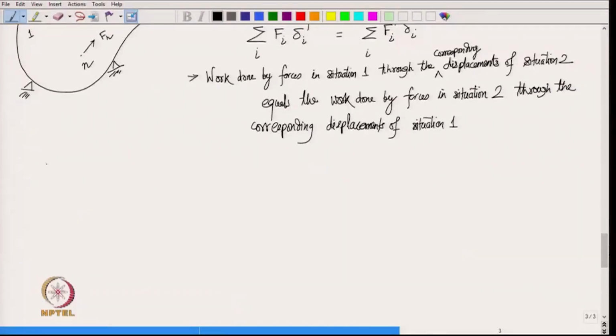So, we have the left hand side is summation over i of f_i into delta_i prime, which we can write as summation over i of f_i, then summation over j of k_ij f_j prime, is it not?